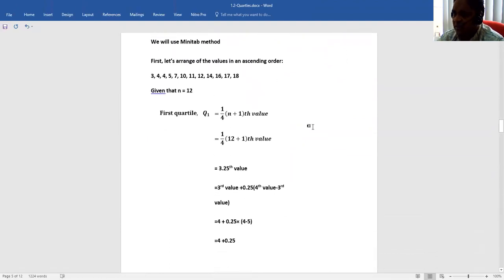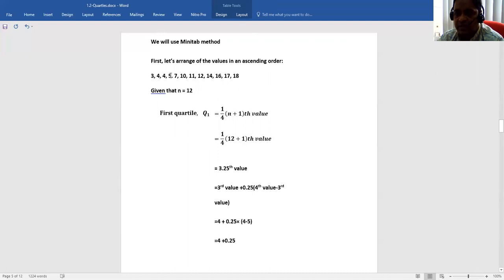So what is the first quartile, as we calculated before? The first quartile is 1 over 4 times n plus 1. If we do it with n equal to 12, we get the 3.25th value. So for the third value we got 3, 4, then 0.25 multiplied by the fourth minus the third value. What is the fourth value?